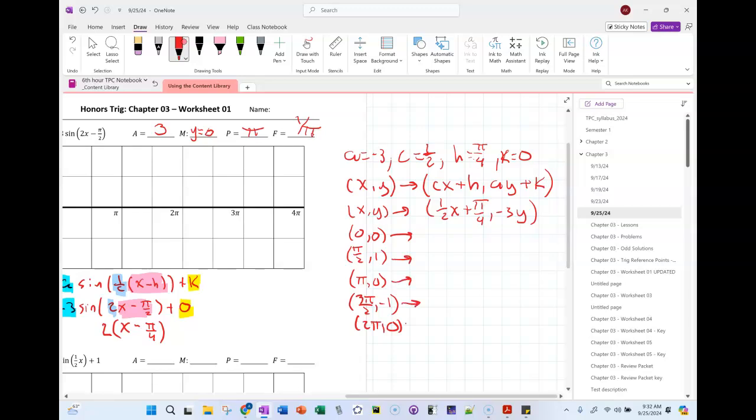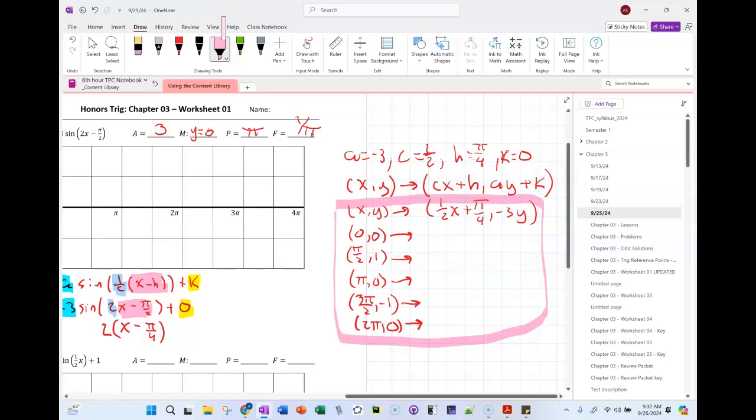On a quiz or a test for a sine problem like this, on your paper I'd have this written out, with a blank where the A, C, H, and K would go in the function formula, and then a blank for the new point that you're generating.